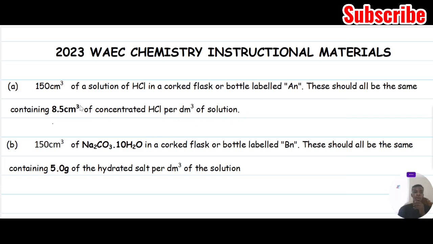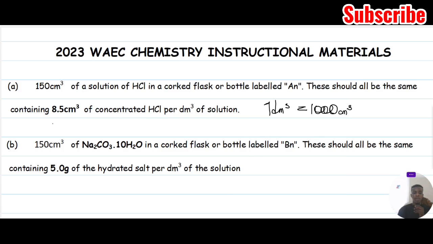That means we should measure 8.5 cm cube of the concentrated hydrochloric acid, then dilute to 1 dm cube. You should note that 1 dm cube is equivalent to 1000 cm cube. Take note of that. So we'll measure 8.5 cm cube, then dilute to 1000 cm cube. If you do that, what would be the concentration?